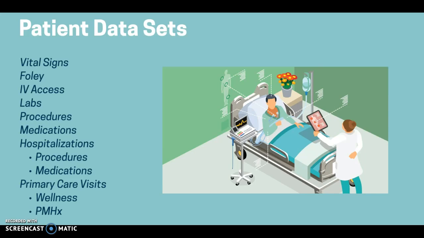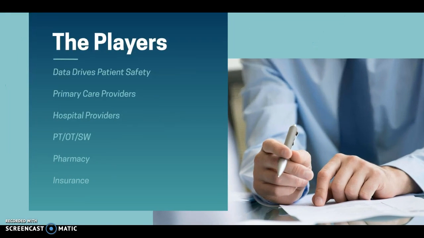So all that data that we collect when they're in an acute care setting or even in their primary care office, all that data we collect, we use and analyze. Some of the major key players, well, again, the primary care provider, this data is what drives our patient safety. If they're in the hospital, there are multiple disciplines, right? That's why we're part of the interdisciplinary team. So you have the PAs, the MDs, your PT, OT, social work, pharmacists.